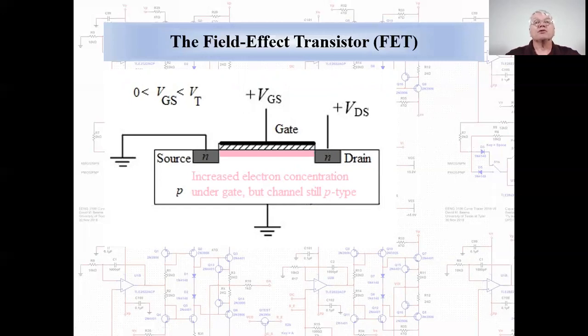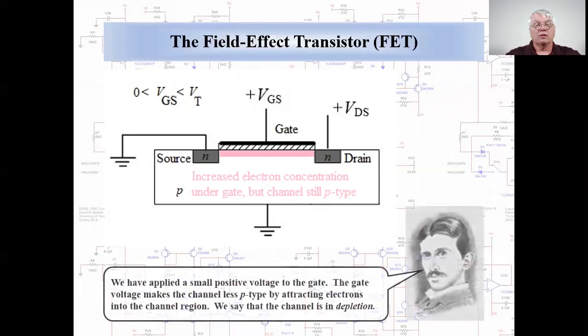This decreases the concentration of holes in the channel, so the channel is said to be in depletion. We are also increasing the concentration of electrons in the channel, but holes still dominate, so the channel is still P-type and there is still no conduction.